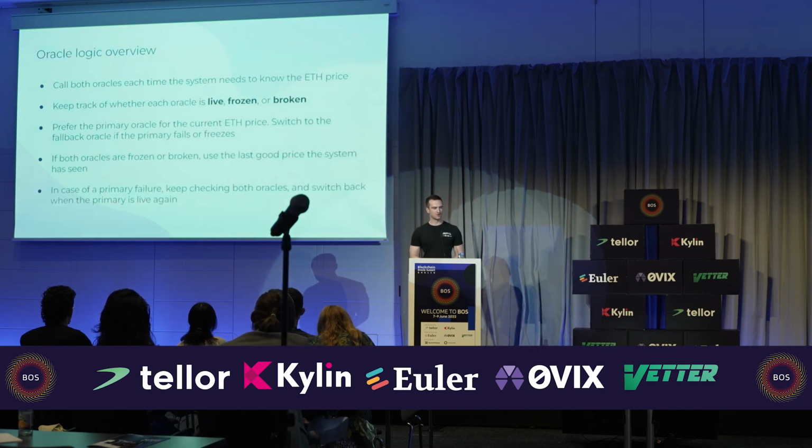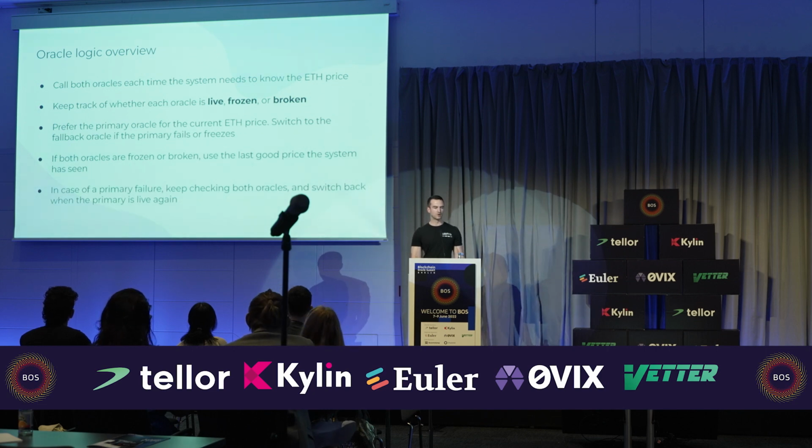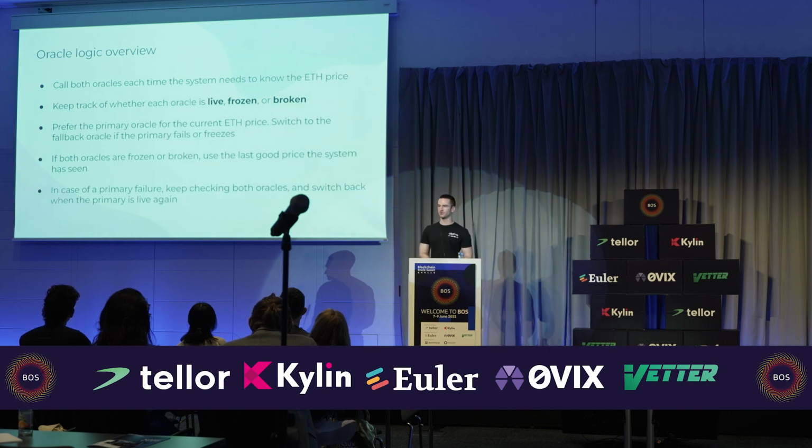Okay, a quick overview of our oracle logic in Liquity. The system calls both oracles when it needs the ETH price, so on every user operation, basically whenever a loan is adjusted. We keep track of the state of each oracle, whether they're frozen, broken or live. We prefer the primary oracle, but we switch to the fallback if we need to.